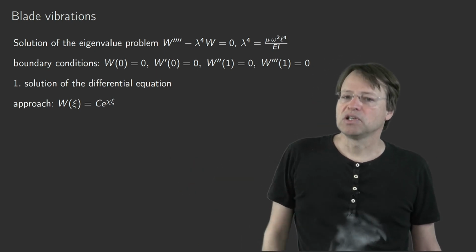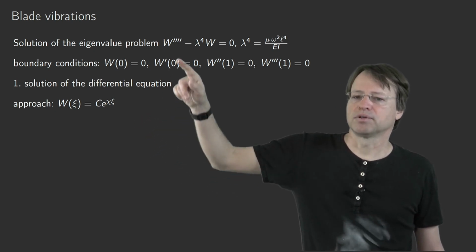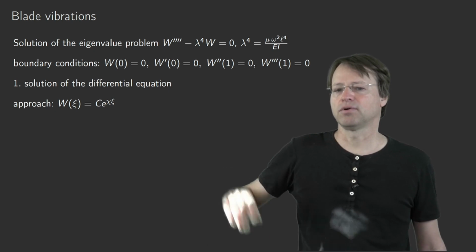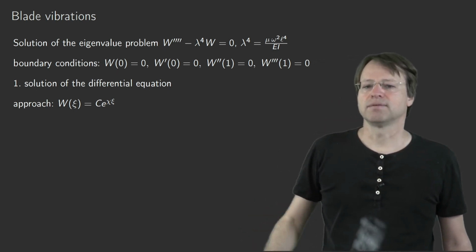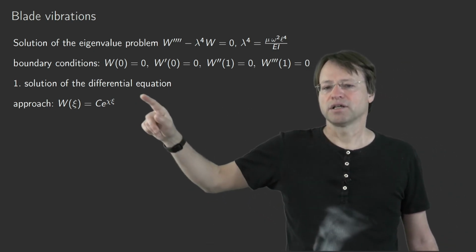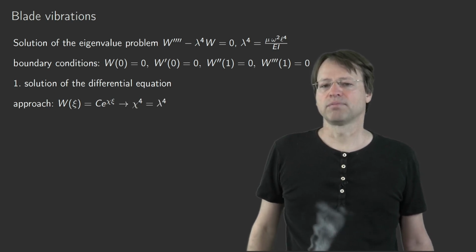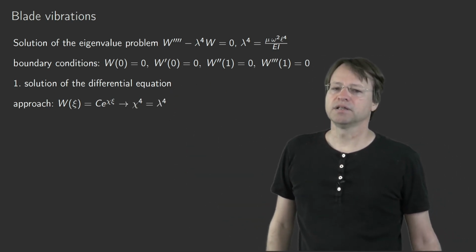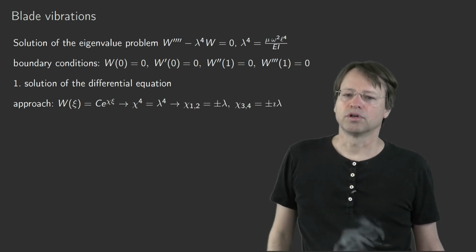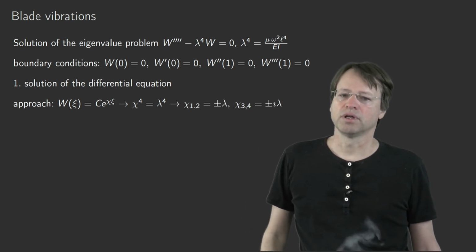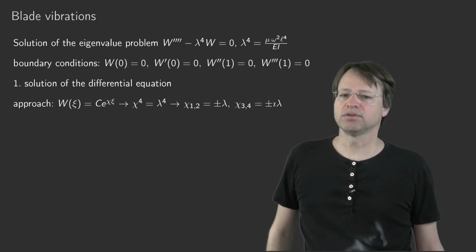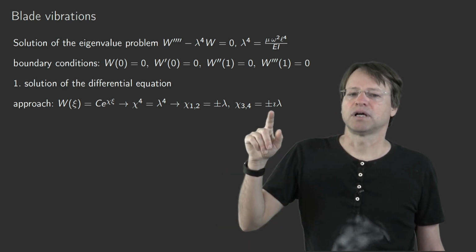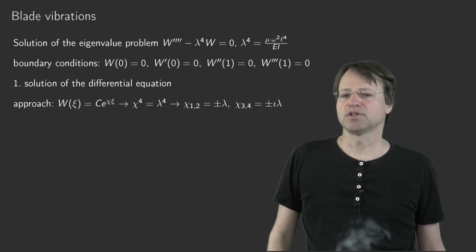Well, it clearly amounts, if you plug that approach into the ordinary differential equation, thus take the fourth derivative, to an equation chi to the fourth power equal to lambda to the fourth power, leading to, again, two real and two purely imaginary eigenvalues, namely plus or minus lambda and plus or minus i times lambda.